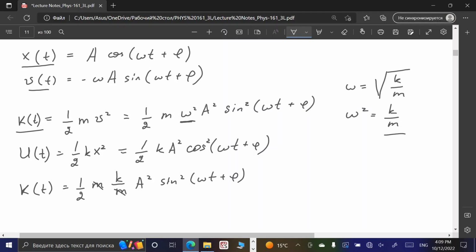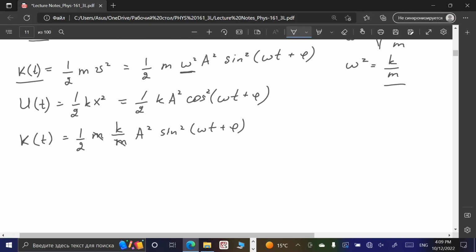So we have 1/2 k A squared, and here we have also 1/2 k times A squared. So now our next step is to express the total mechanical energy of a simple harmonic oscillator. So this will be potential energy as a function of time.